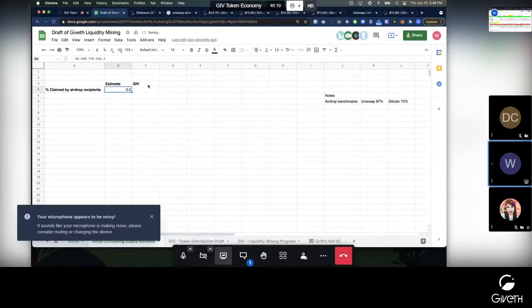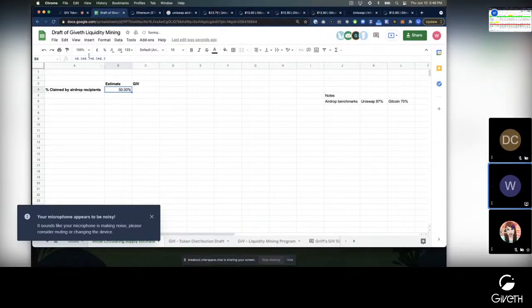That brings it right to 50% if we do that. So 70% of the top half of airdrop recipients claiming, 30% of the bottom half. Is there anything we got to change from there?